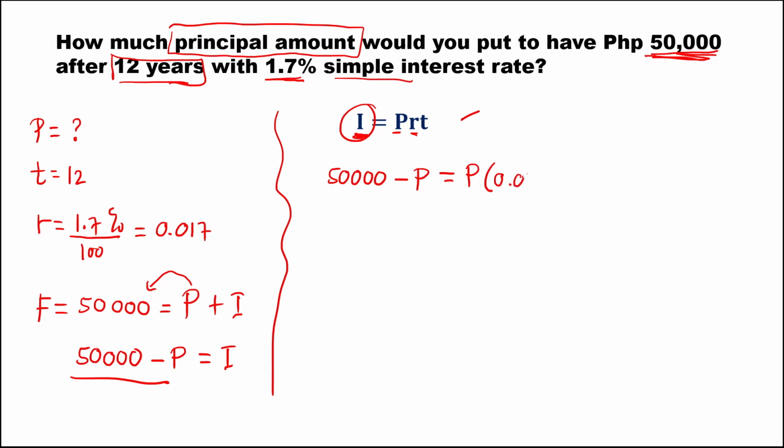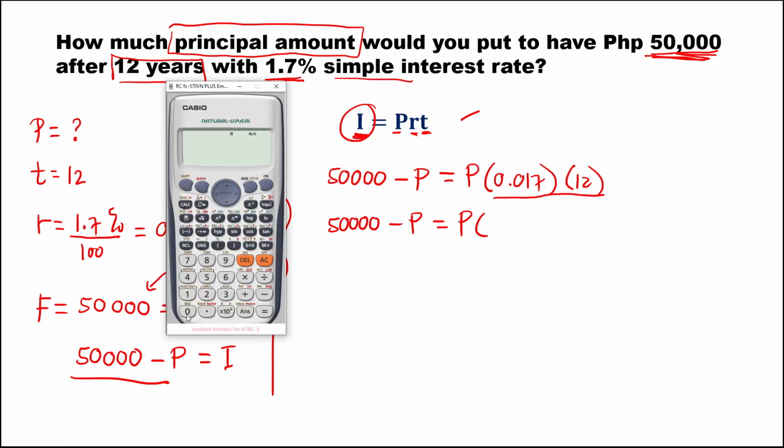0.017 times the time, so that's 12. Then to simplify, 50,000 pesos minus the principal equals the principal times 0.017 times 12.